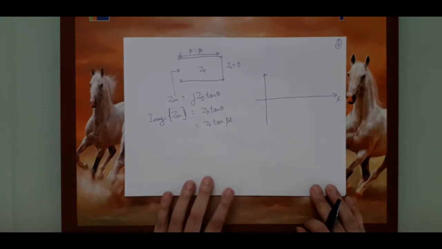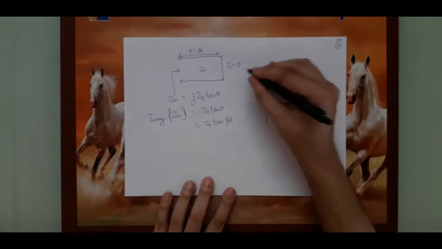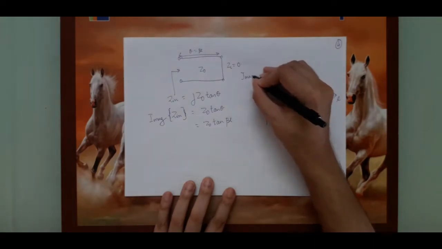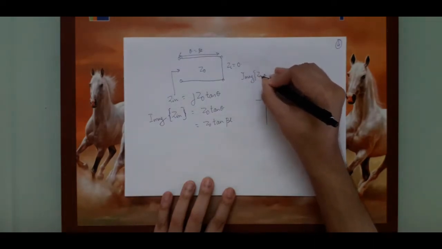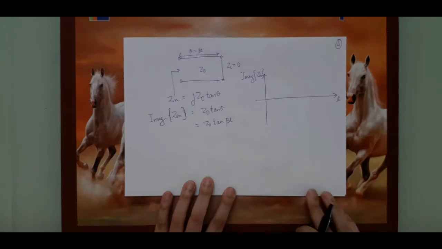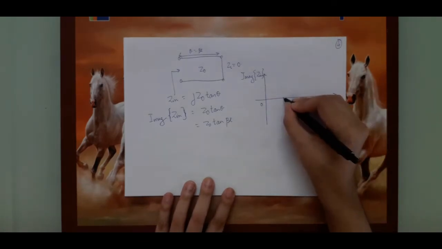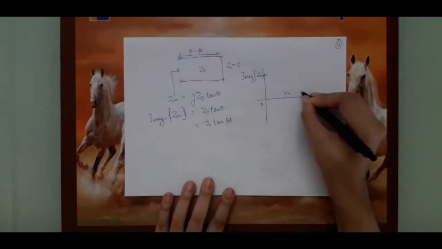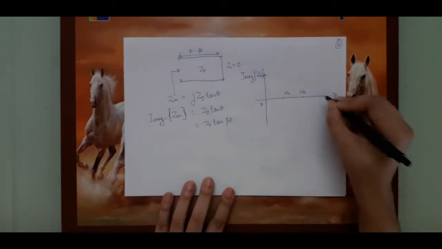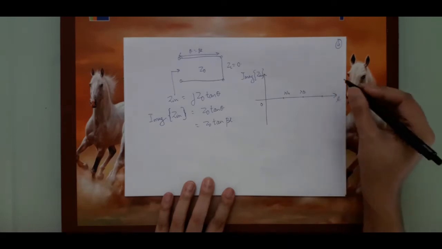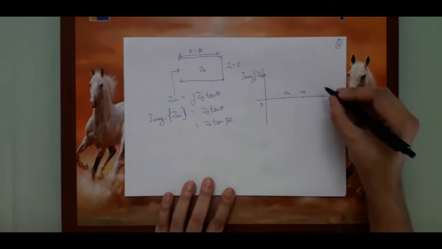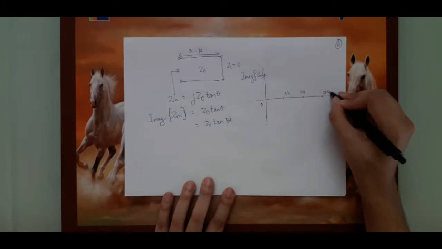So let us plot what this imaginary part of Z is as a function of physical length L. So let me mark 0 over here, lambda by 4, this is lambda by 2, this is 3 lambda by 4, and so on.